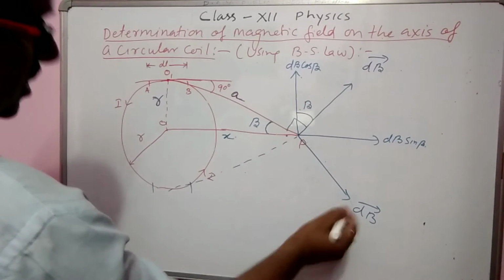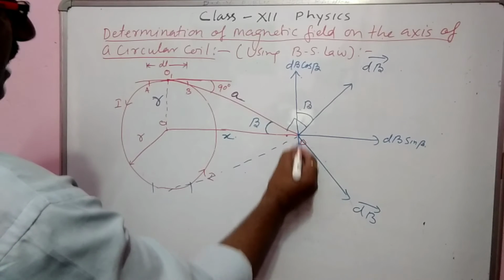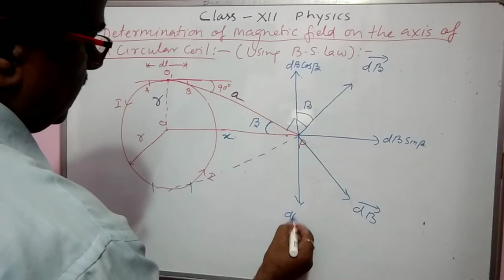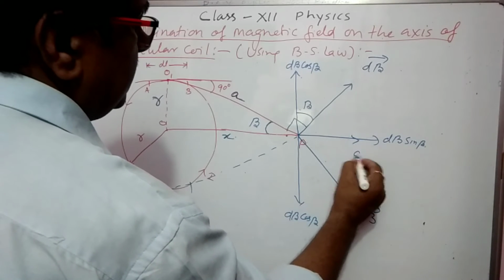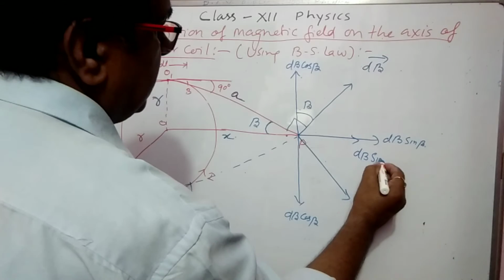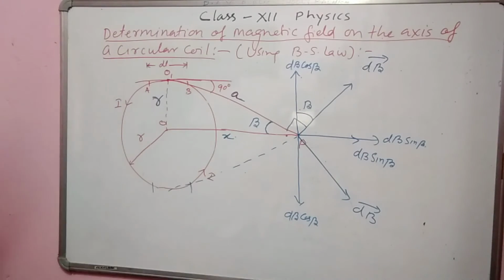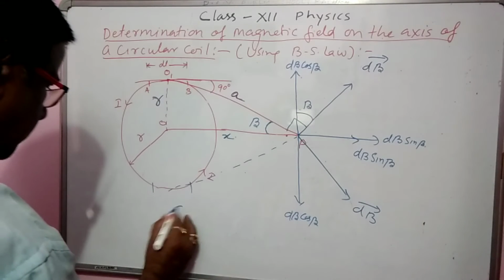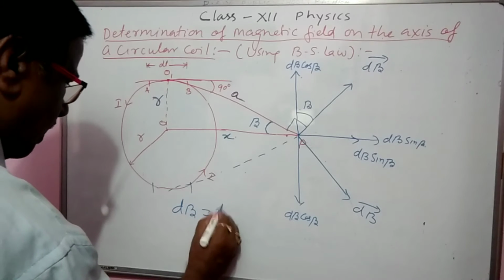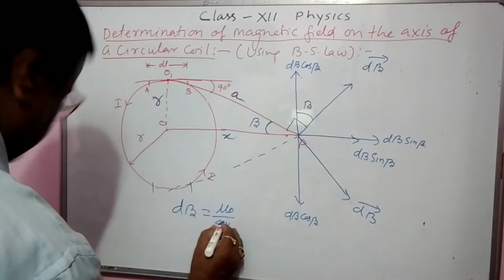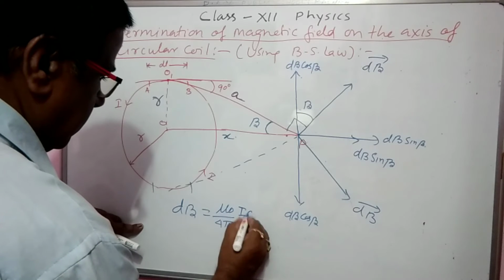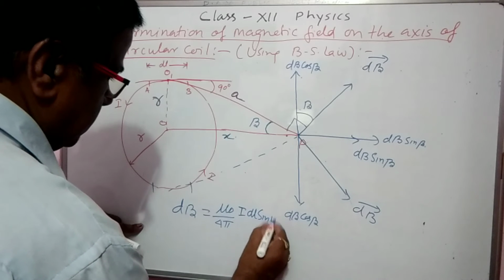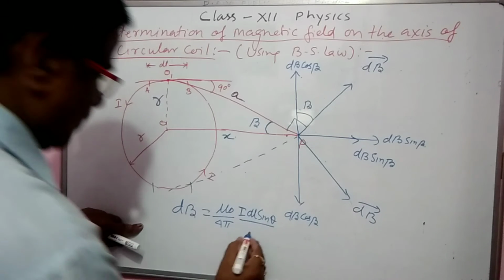Similarly, resolving the lower component, we get dB cos beta along this direction and dB sin beta along the horizontal direction. And the value of dB here will be dB equal to mu naught by 4 pi I dl sin theta by a square.